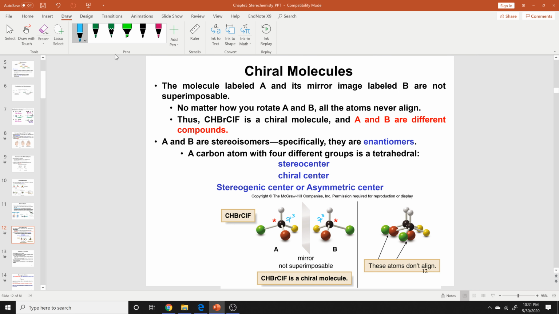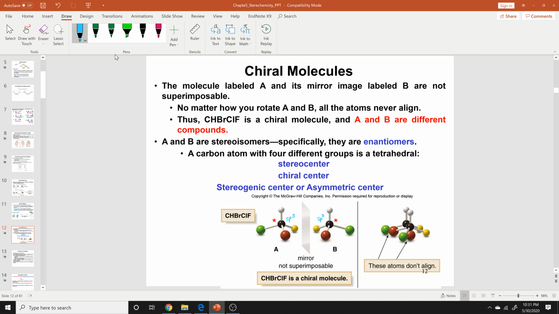A chiral molecule is basically a molecule that has one chiral center, and the chiral center is surrounded by four different groups. That chiral center, I'm going to represent as a small asterisk.